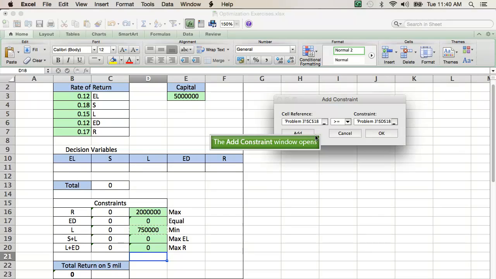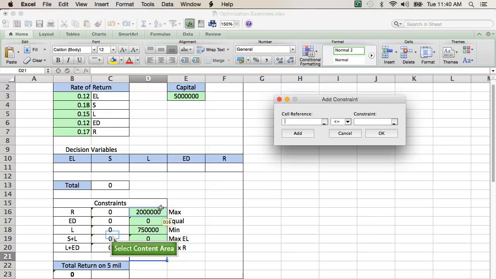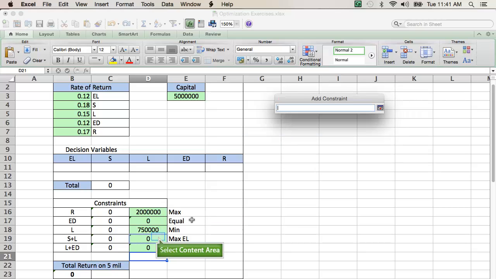2 more. Software plus logistics has to be less than or equal to the amount that we invest in electronics. And 1 more.